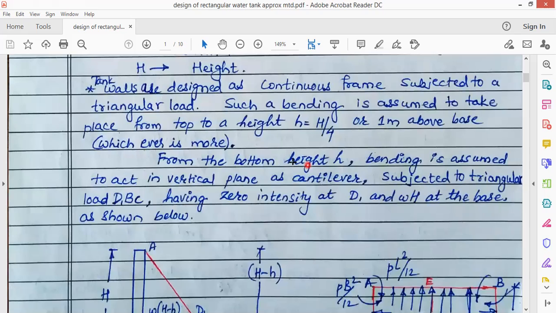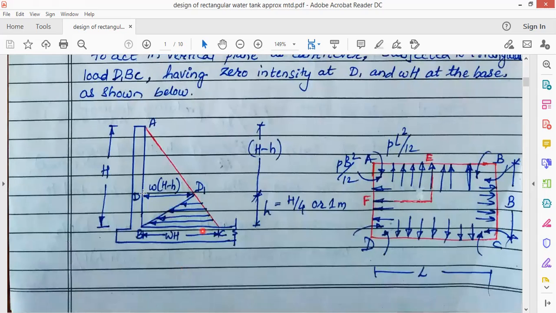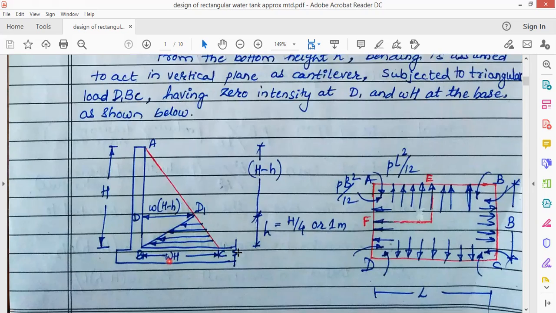From the bottom height h, the bending is assumed to act in a vertical plane as a cantilever, subjected to triangular load as shown in this figure, D, B, C. This is the triangular portion DBC, with zero intensity at D1 and wH at the base, that is the water pressure, unit weight of water times the total height H.